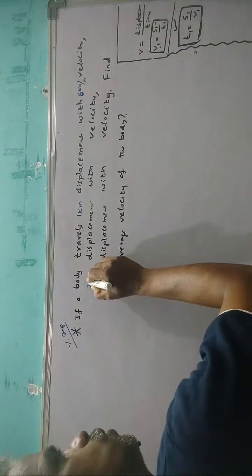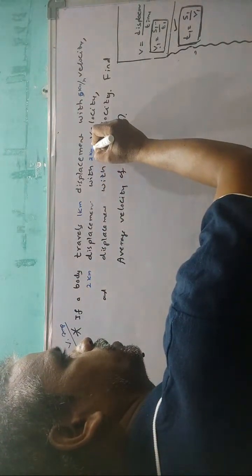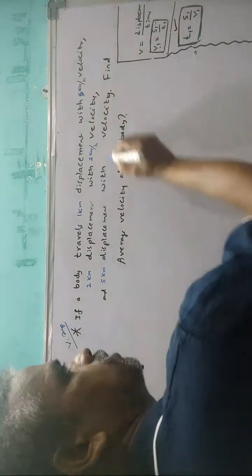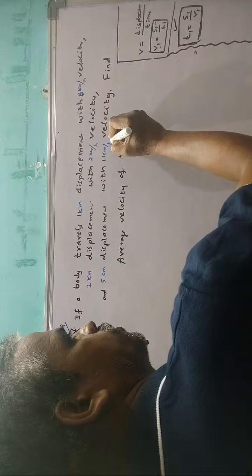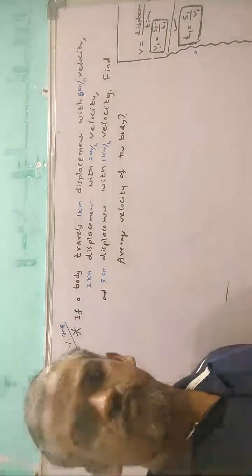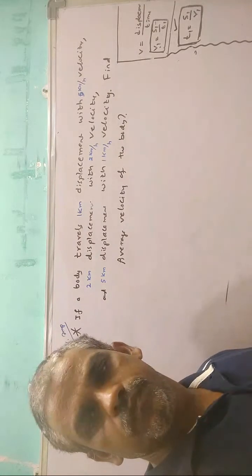Then 2 kilometer with 2 kilometer per hour. 5 kilometer with 1 kilometer per hour. Find average velocity of that body. Do it.